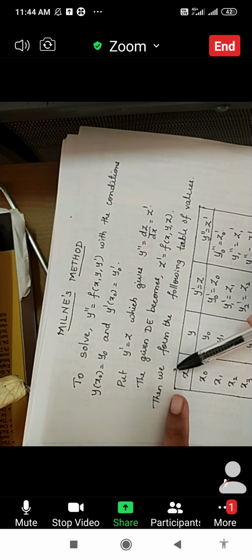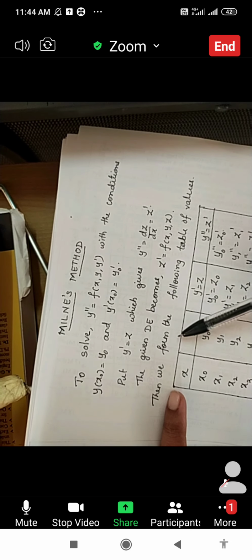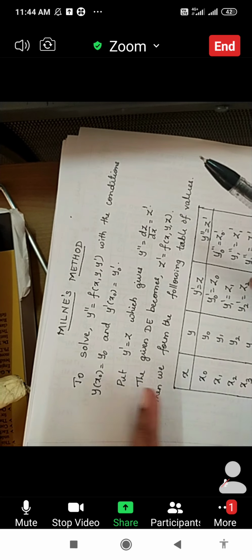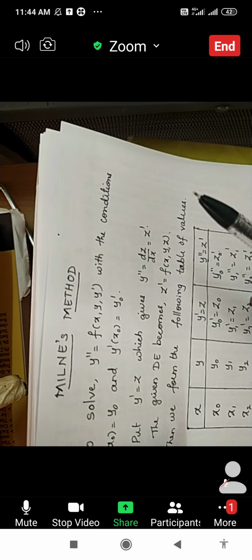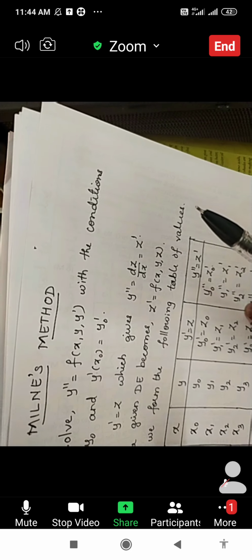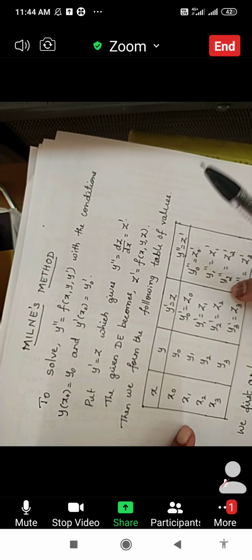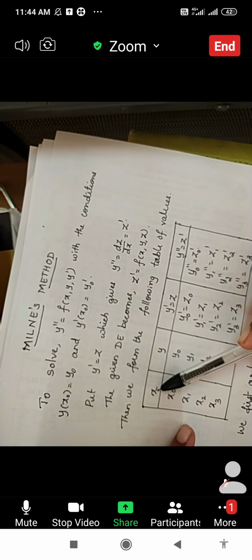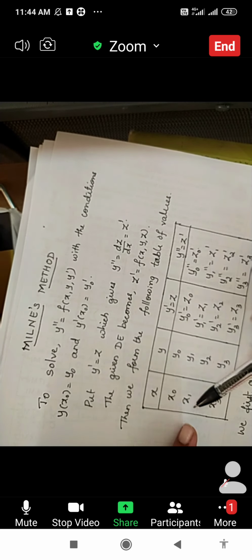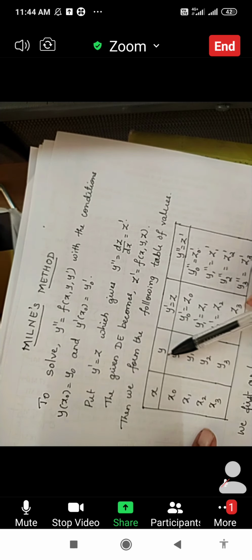Now, whenever you apply the predictor corrector method, first we have to prepare the table. So here also preparation of the table is a must, which will give you 3 to 4 marks. In the table, what do we take? X values are x naught, x1, x2, x3, and the corresponding y values are y naught, y1, y2, and y3.